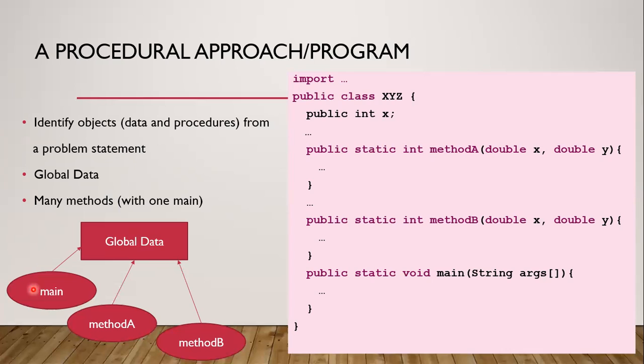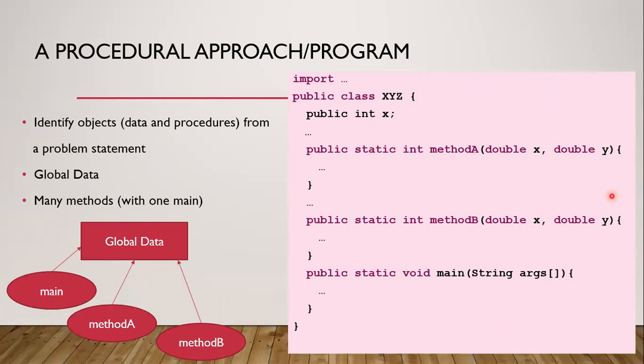A main program is the main program, and all the others are subprograms. These are procedures. Every procedure here has access to the global data for both read and write purposes.